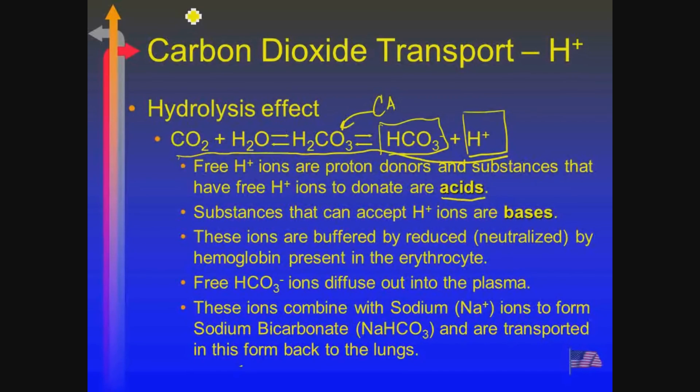I'll explain what pH is in a little while, but for right now, there's an inverse relationship between the quantity of hydrogen ions that we have, the concentration of those, and the pH.